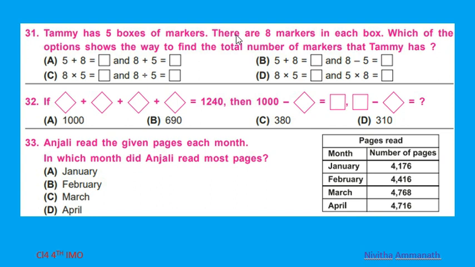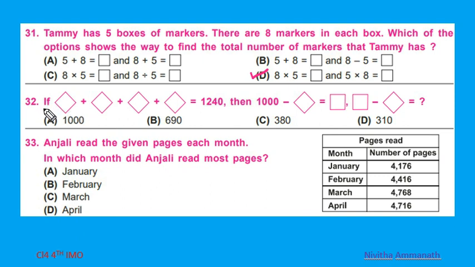So 5 into 8 gives the total number of markers. 5 plus 8 equal to square is not possible. 8 into 5 is possible, but 8 divided by 5 is not possible. So 8 into 5 and 5 into 8 are the same, and that is possible.